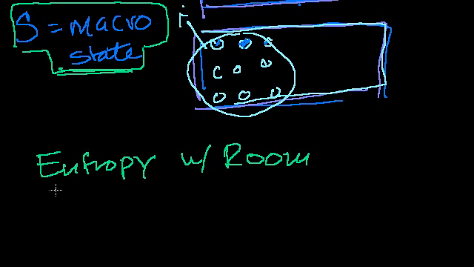You just have a general sense of how much stuff there is in the room, what the temperature of the room is, what the pressure in the room is, just the general macro properties. Then entropy will essentially tell us how many possible microstates that macro system can have, or how much information, and there's a notion of information entropy, how much information I would have to give you to tell you exactly what the microstate of a system is at that point in time.